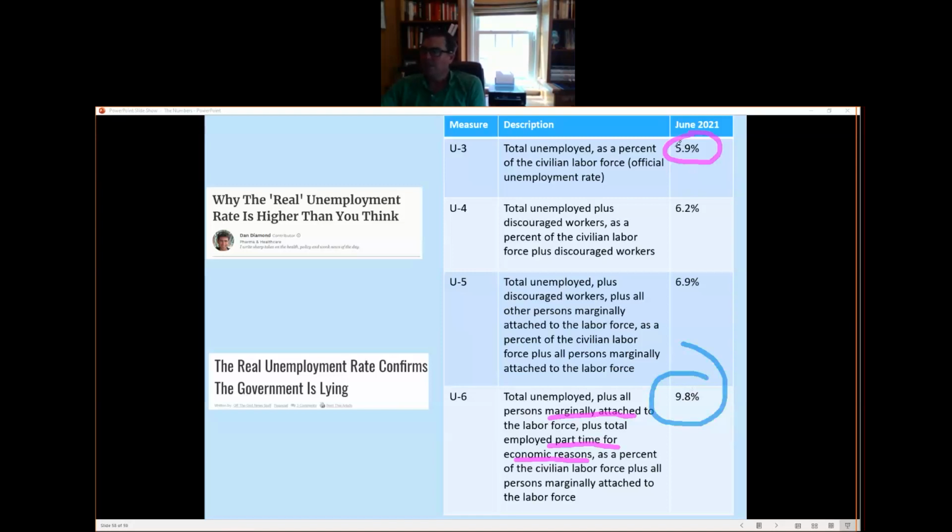Even if this one goes low, 5.9, this one needs to come down too, because there are many people who are being left behind, is the idea, right? Even though they may not be in this statistic, we need to watch it, because if a lot of folks are part-time but can't find a full-time job, then the economy isn't strong enough for them, and we probably should continue to try to find ways to improve things for their situation.